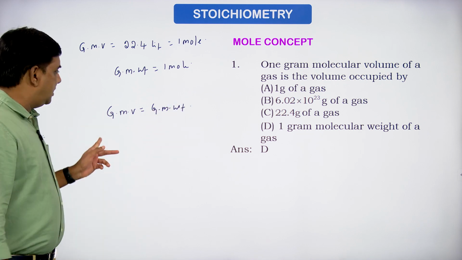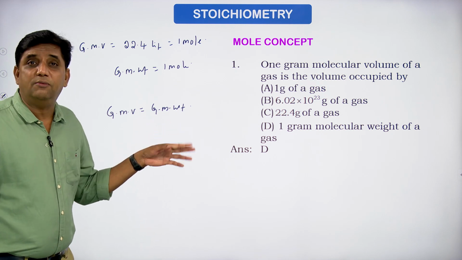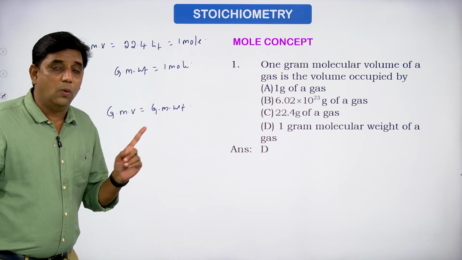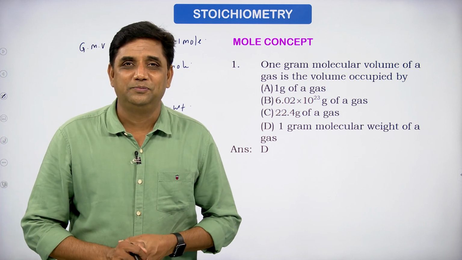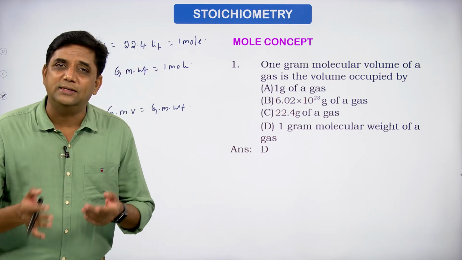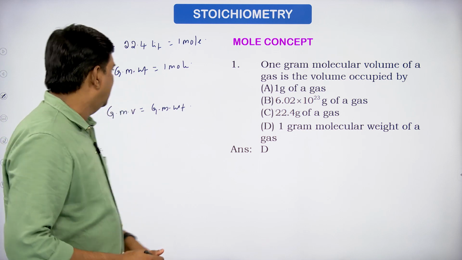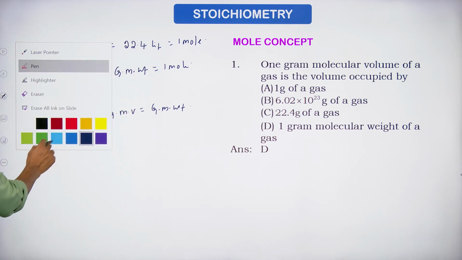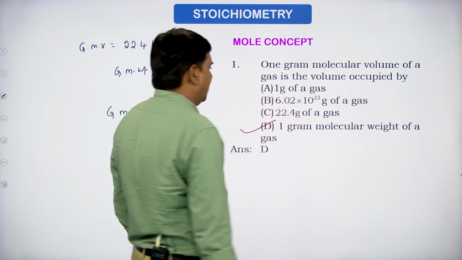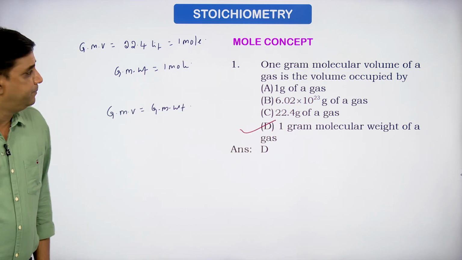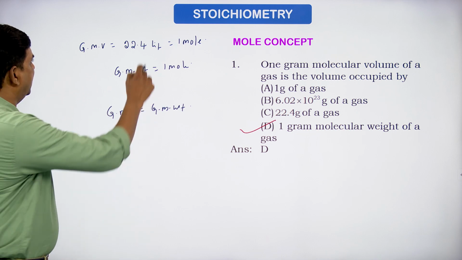So if you take 1 gram molar volume, it becomes 1 gram molecular weight. Therefore, the answer is 1 gram molecular weight of a gas. Very simple.